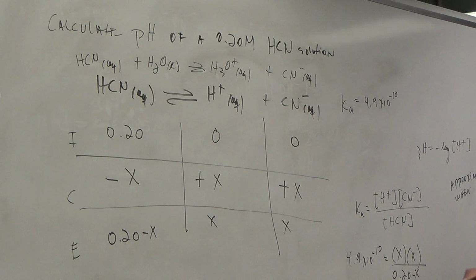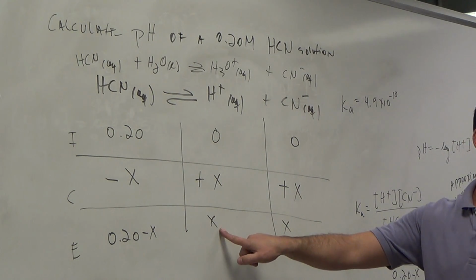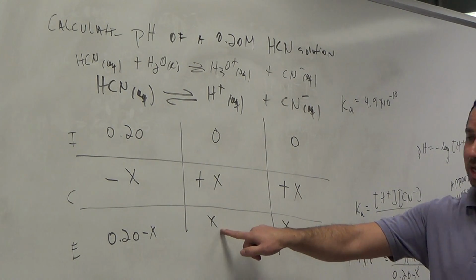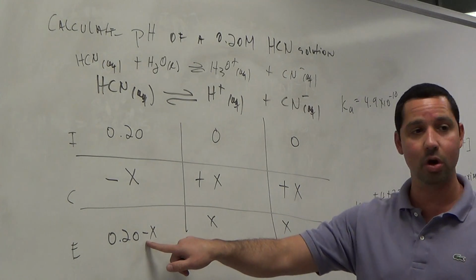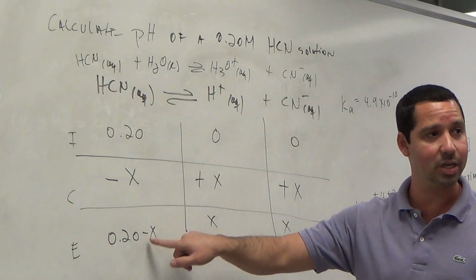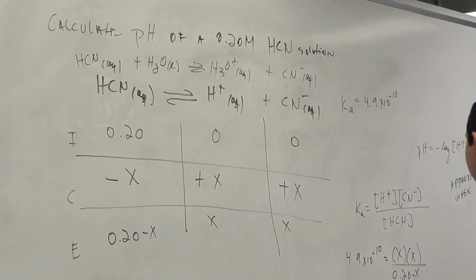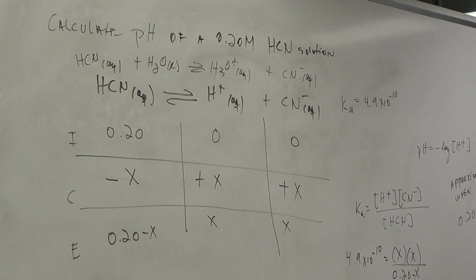Can I disregard this x? No. I can only disregard the x whenever there is a plus or minus. So I'm going to say 0.20 minus x is more or less 0.20.